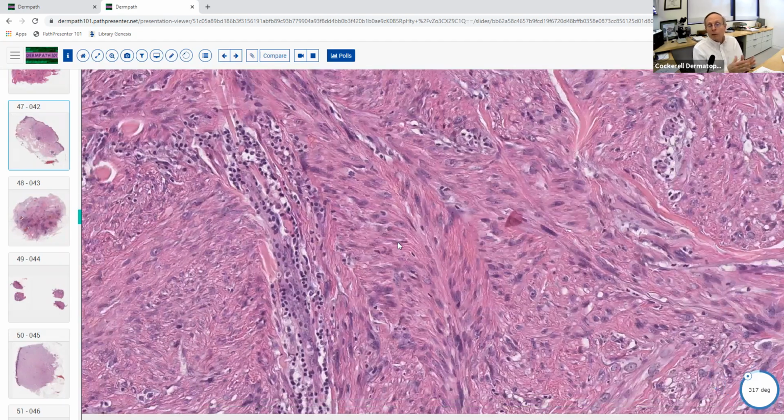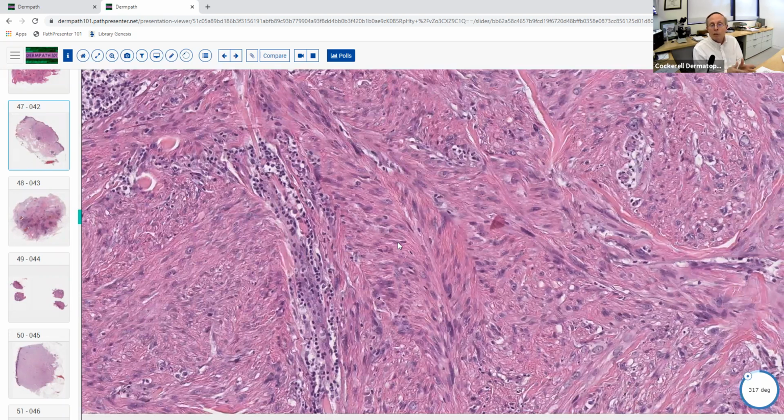So once again, we talked earlier about non-epithelial lesions, spindle cell lesions. The main three that we think about are fibroblasts, histiocytes, and muscle, smooth muscle. You can see other lesions can give you spindle cell morphology. You can see that with some melanocytic lesions, with endothelial lesions, even with squamous lesions sometimes.